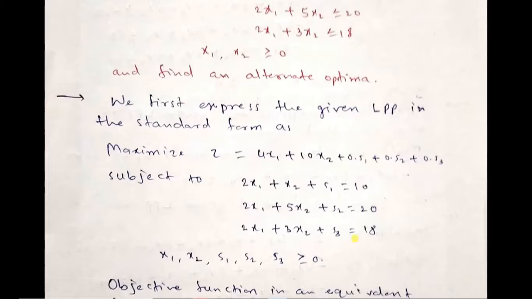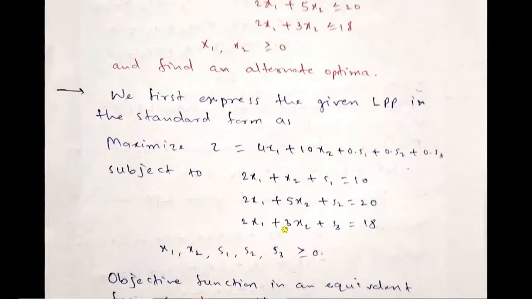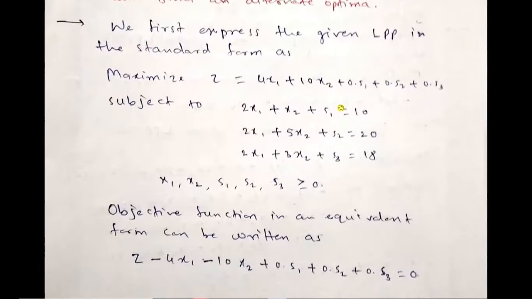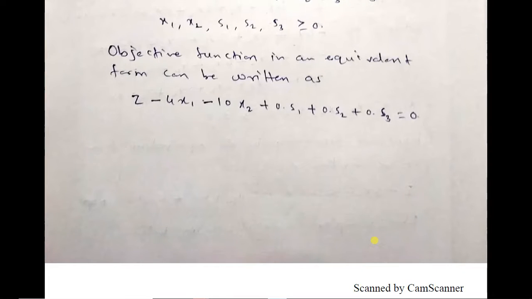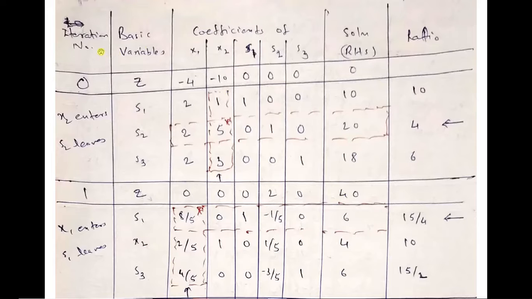So before writing simplex table, we'll write down this objective function equivalent form as z minus 4x1 minus 10x2 plus 0s1 plus 0s2 plus 0s3 equal to 0. Now we'll write down simplex table. So in simplex table, iteration number, basic variables, coefficients of x1, x2, s1, s2, s3, RHS solution, and ratio.